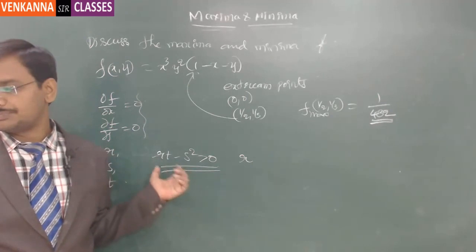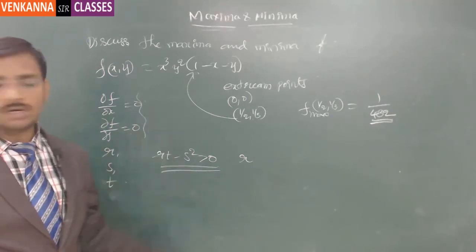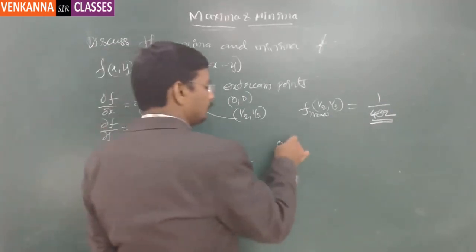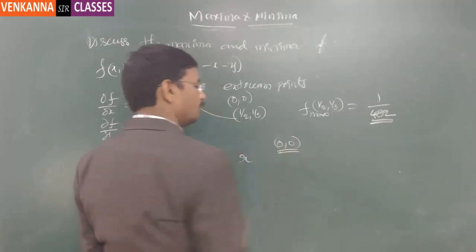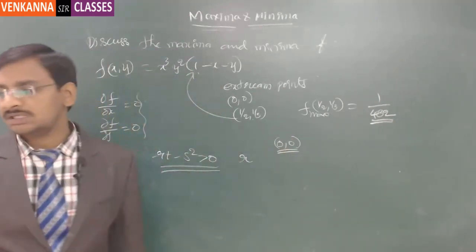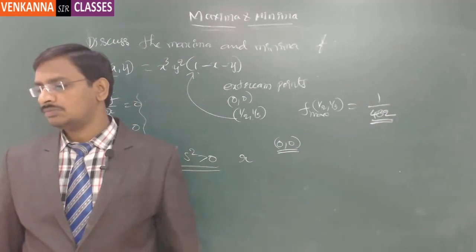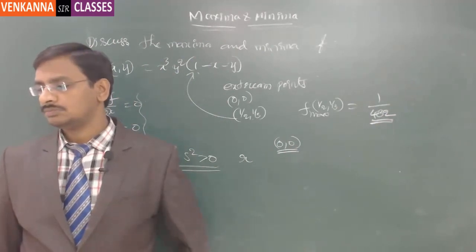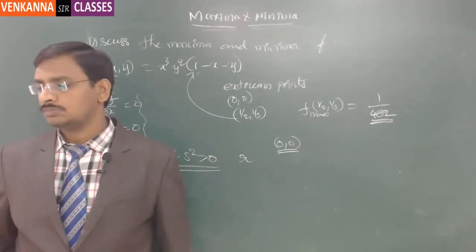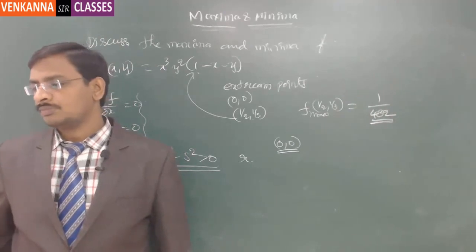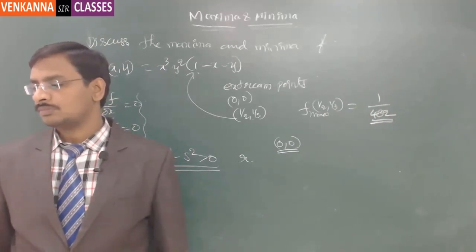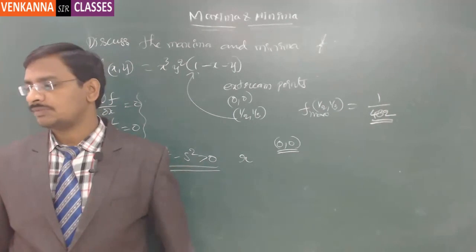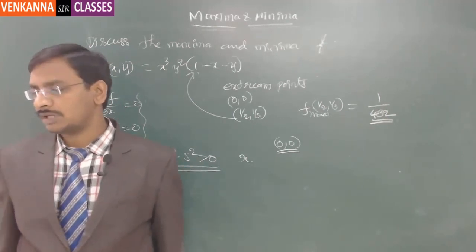Now check the other condition, that is for 0, 0. Now what is happening with rt minus s square? Is it positive or negative or 0? Yeah, 1 by 432 is correct.